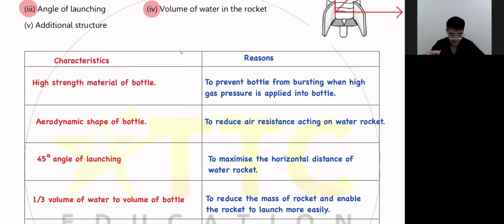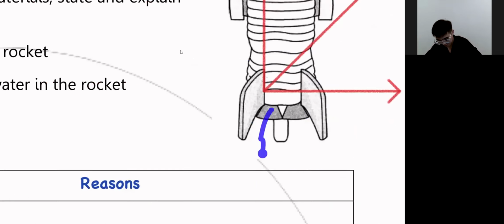Now, do you guys know what is the function of fins? Fins are actually for the rocket to launch more stably. To be more stable, okay? The launching of the rocket will be more stable because when the water is expelled from the water rocket, the water will be traveling left and right. So when water is being expelled left and right, the launching of the rocket will also be shaking.